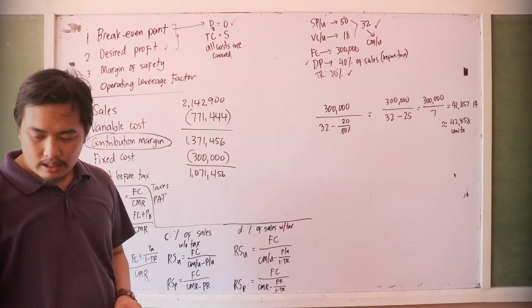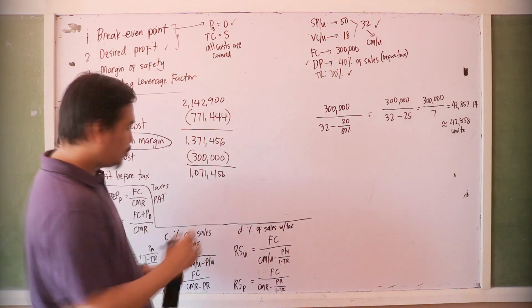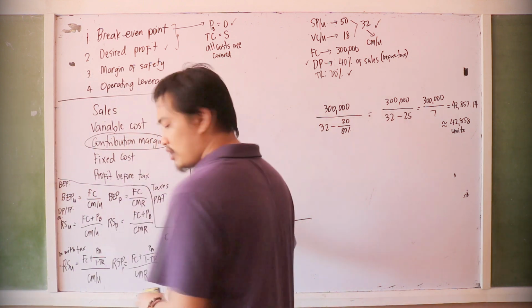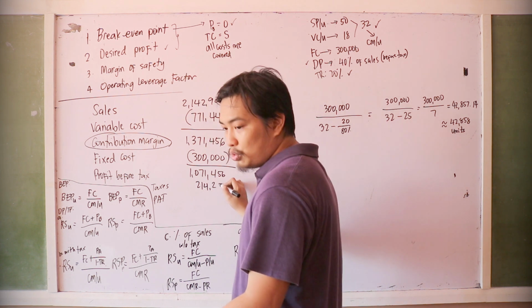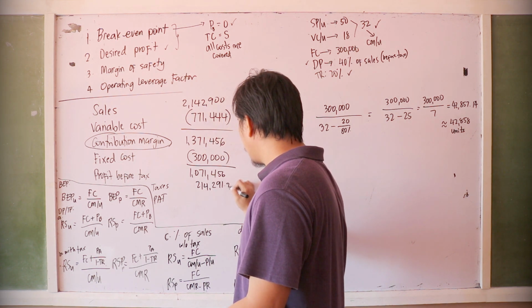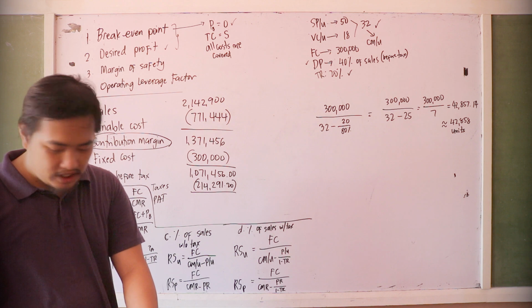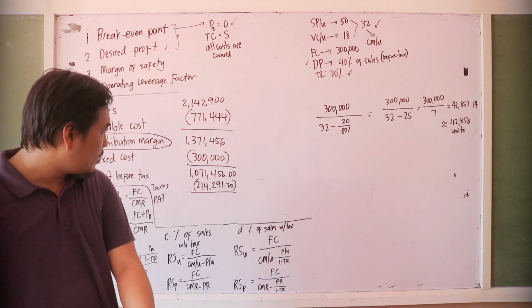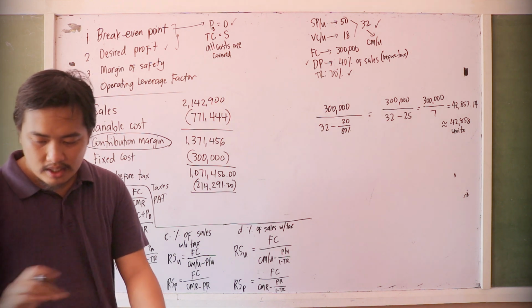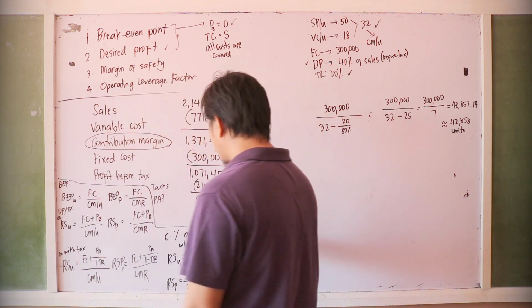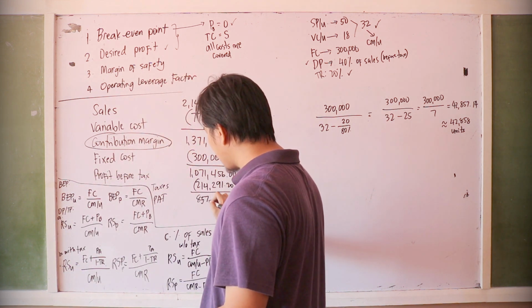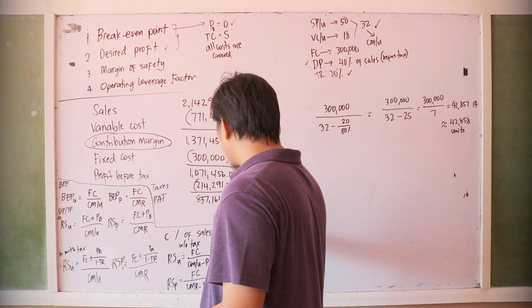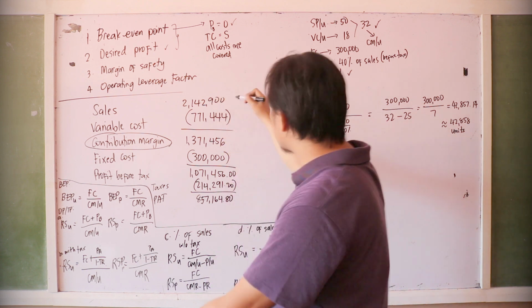1,071,456 times 0.2, 214,291.20. I-subtract natin siya from 1,071,456. Ang lalabas na profit after tax natin would be 857,164.80. Now let's check.